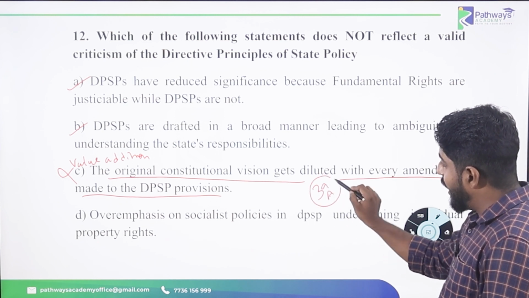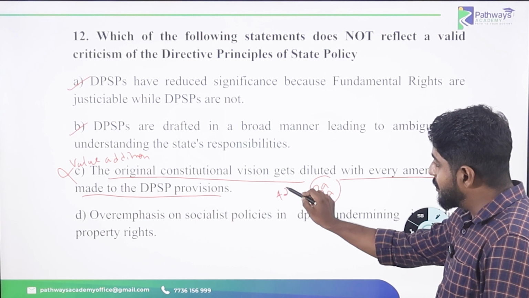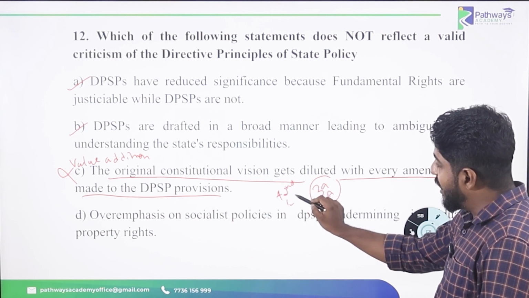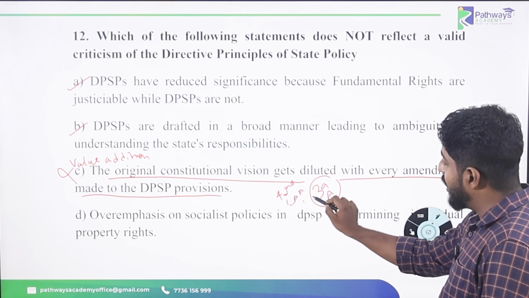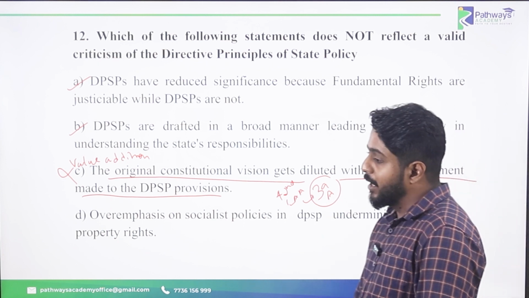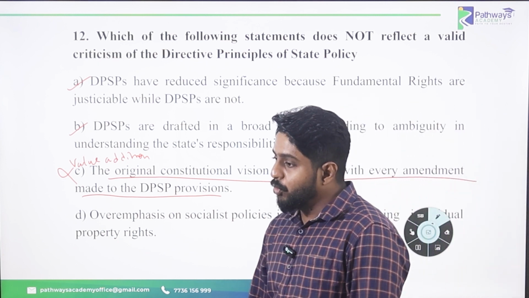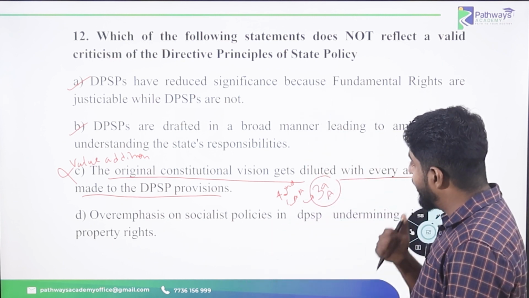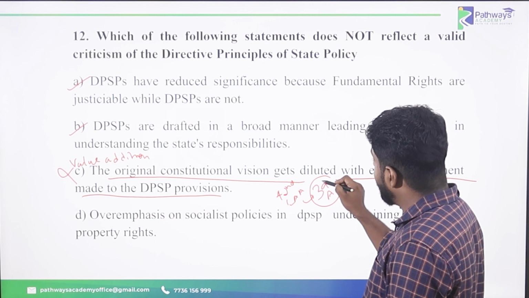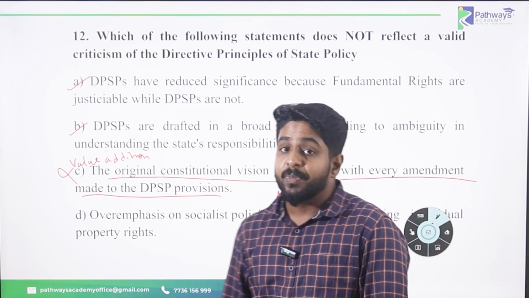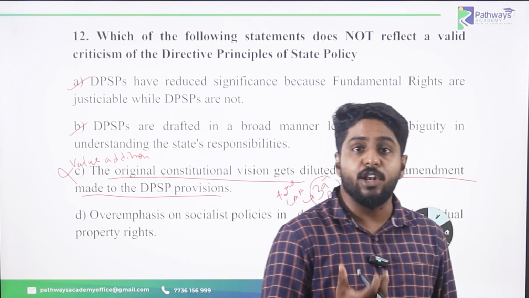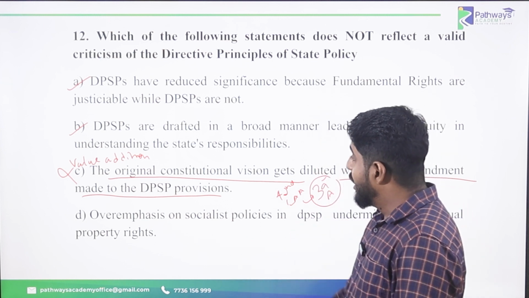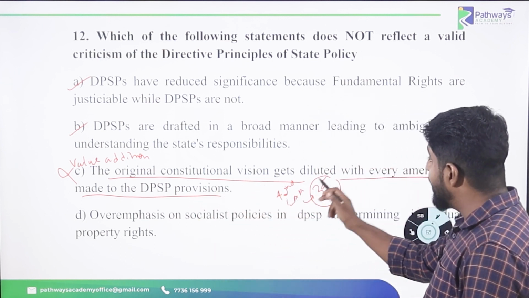So 39A, as per the 42nd Constitutional Amendment Act, Madam Indira Gandhi has decided that we will insert an article to provide free legal aid. Those who are actually wanting a free legal aid, we will provide that. So that is article number 39A, and now it has actually added a value to the directive principle of state policy.